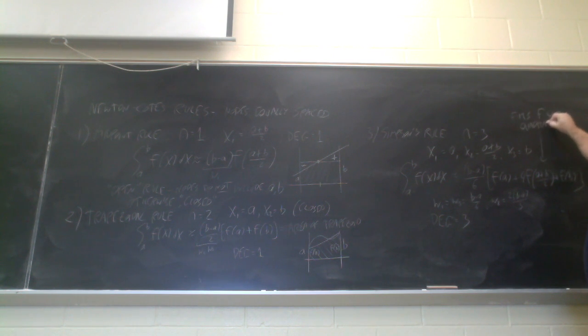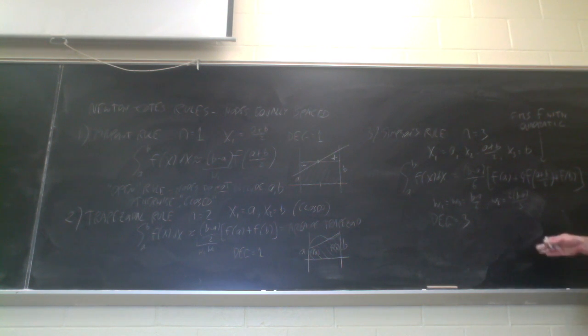So you're passing a parabola through the graph of f at these 3 points: a, the midpoint, and b. And with 3 nodes, you think, okay, it's definitely going to do degree 2 exactly, but we get 1 extra, just like with the midpoint rule. But both Simpson's Rule and Trapezium Rule are closed. The midpoint rule is open.